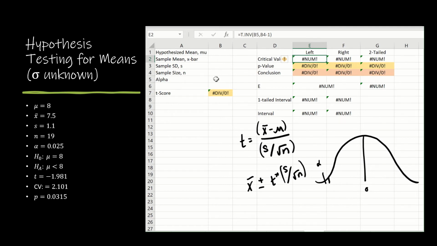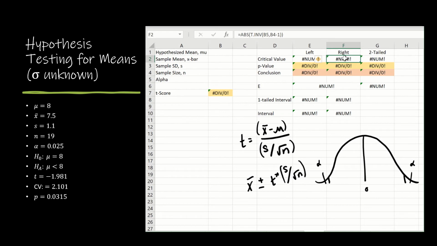So alpha, and then I don't have a space for degrees of freedom, so I can either create one, or I know that the degrees of freedom is n minus 1, so that's what I chose to do, B4 minus 1. Same thing for the right side. If it's a right-tailed test, I need alpha to be on the right side, and therefore I used the absolute value.